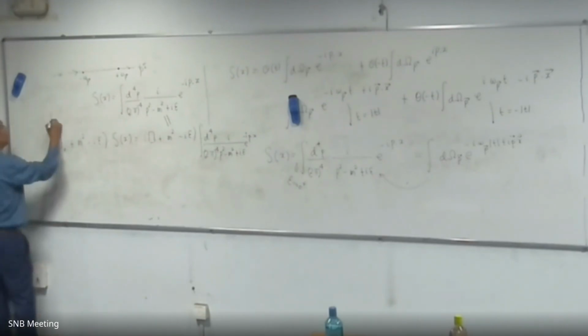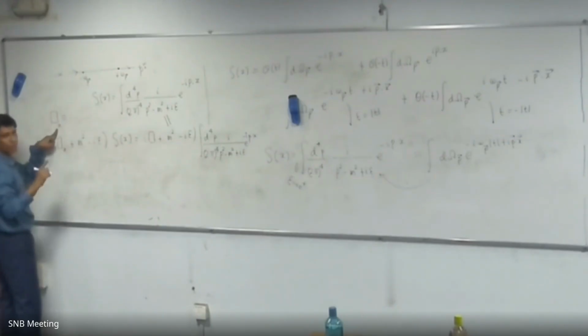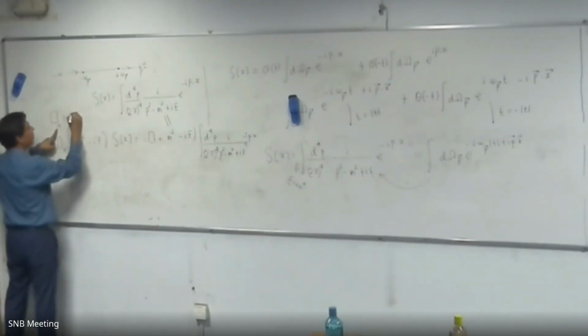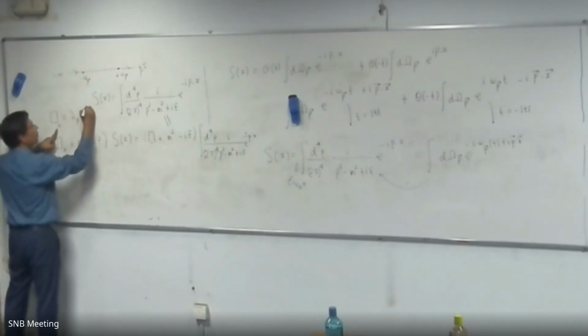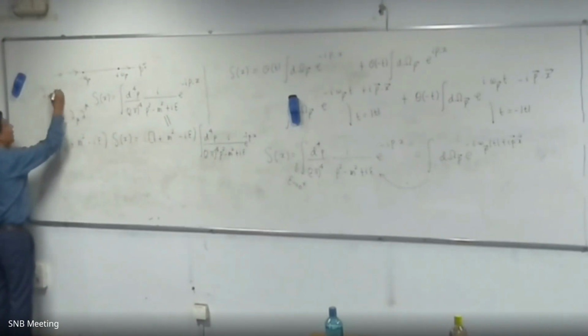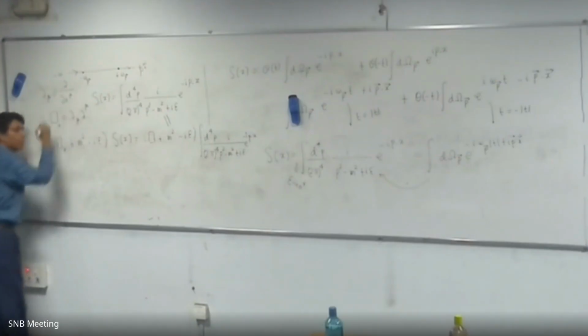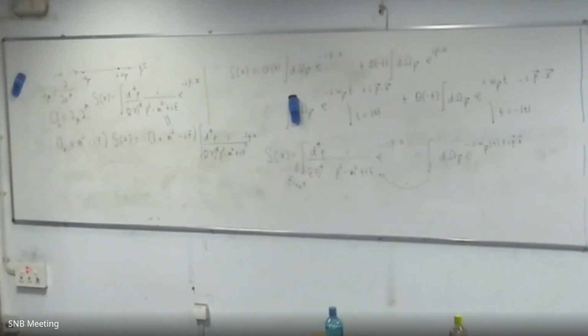Box is the d'Alembertian operator by definition. I have put an x here because it's a derivative with respect to x. So this is basically del mu del mu, and what is del mu, by the way? It's del by del x mu.